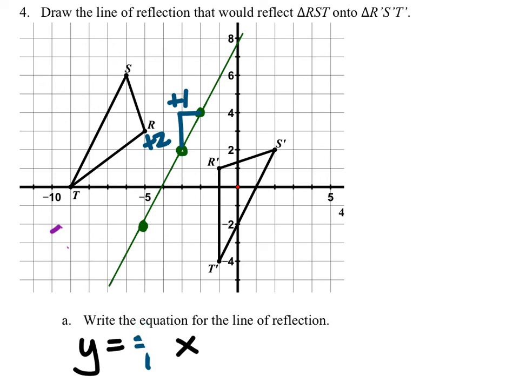As it turns out, I could write this as just 2, and that'd be fine. And that is the slope. And if we continue this pattern, we can see that we would have this point. If I draw the line better, it would have this point. That is the y-intercept, which is at 0, 8. So that'd be plus 8 for the equation for the line of reflection.